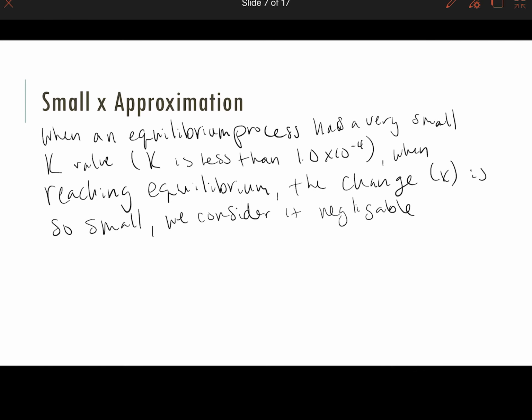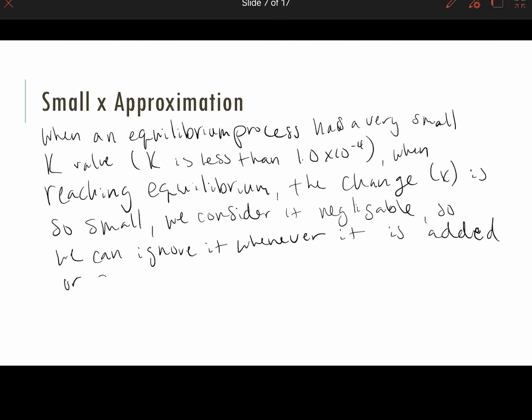So we can just ignore it whenever it's added or subtracted. Specifically added or subtracted. We still keep it when it is multiplied or divided.